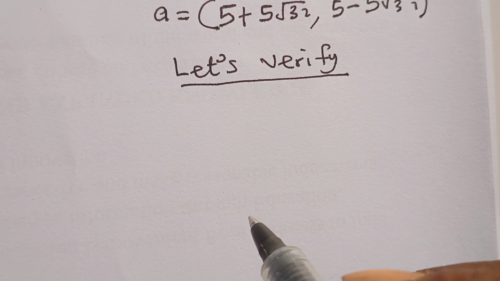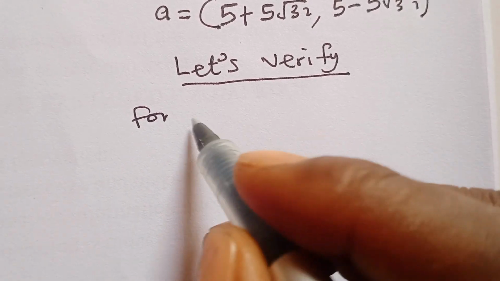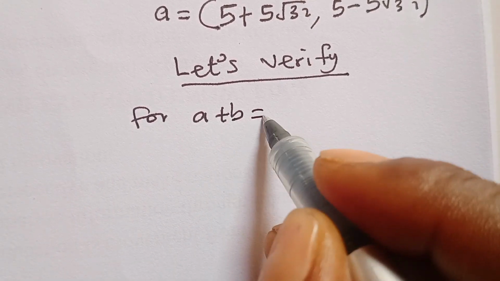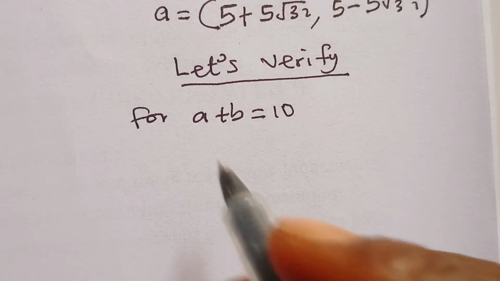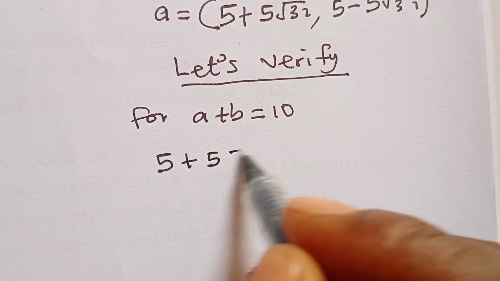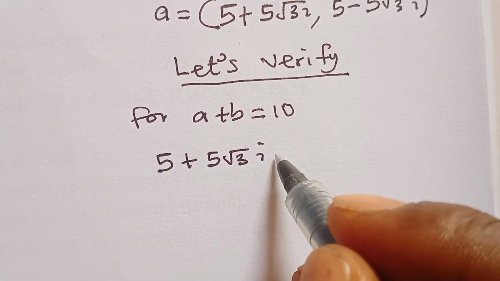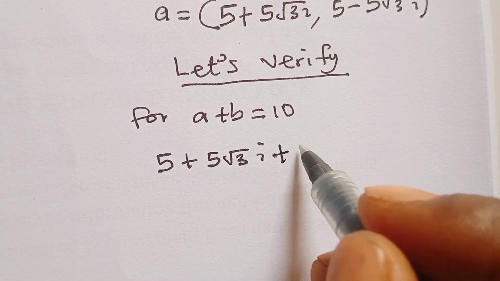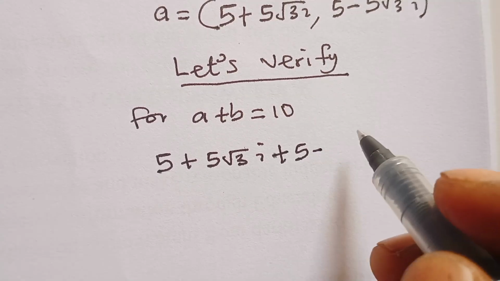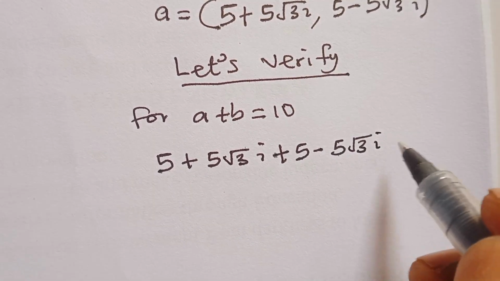Now from our equation, we have a plus b equal to 10 for our equation 1. So for a plus b equal to 10, let's now substitute for the values of a and b and see if we will get 10. So 5 plus 5 square root of 3i plus 5 minus 5 square root of 3i, and see if we will get 10 as our answer.